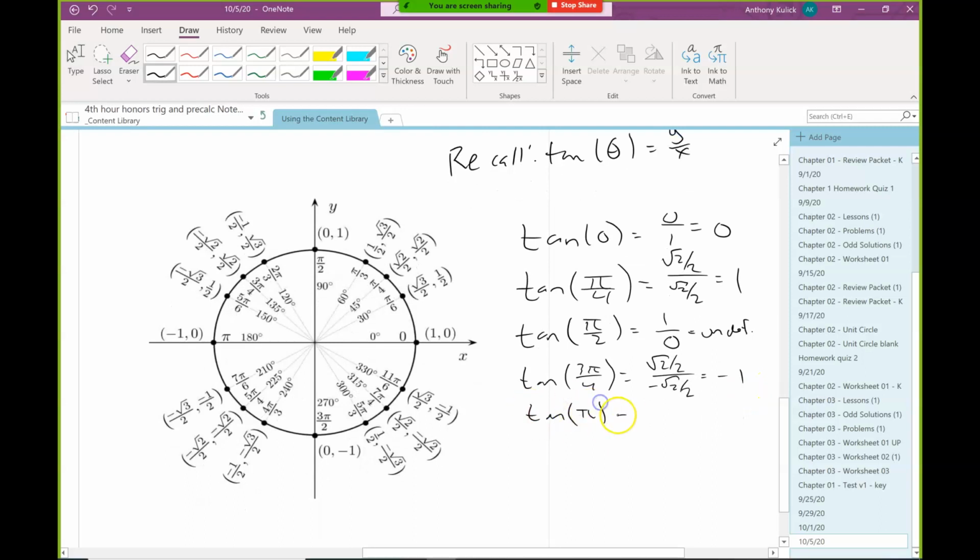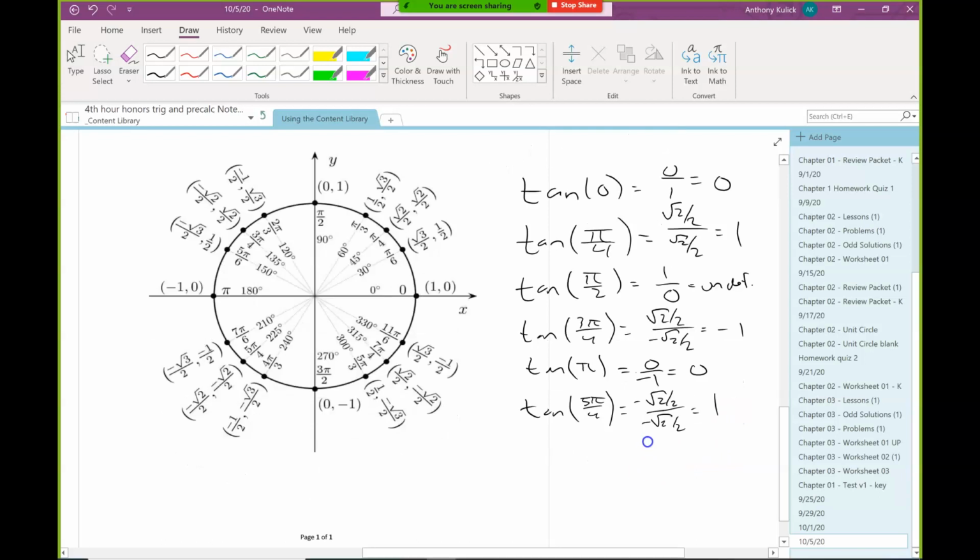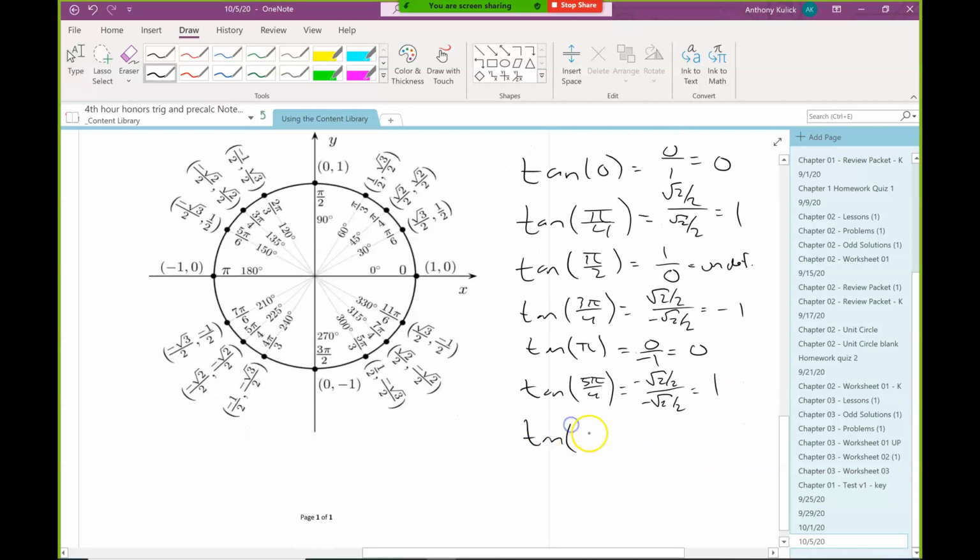Tangent of pi is going to equal 0 over negative 1, which is just 0. Tangent of 5 pi over 4 is going to be negative root 2 over 2 over negative root 2 over 2, which is just 1. Tangent of 3 pi over 2 is equal to negative 1 over 0, which is undefined again.